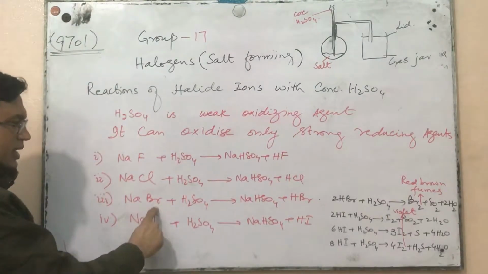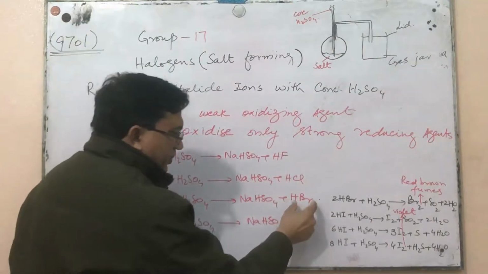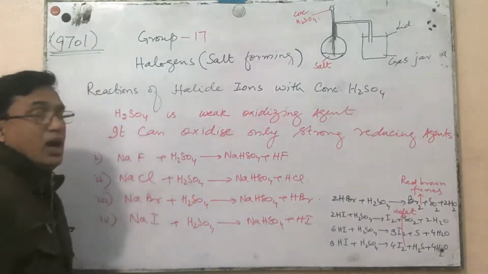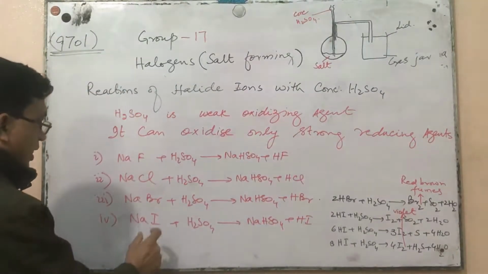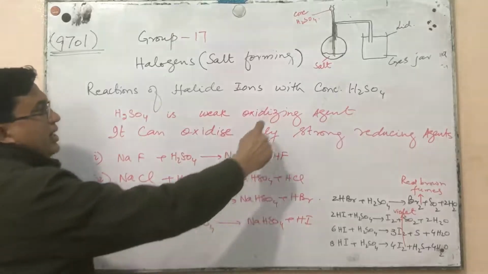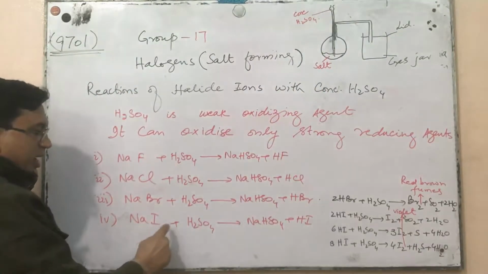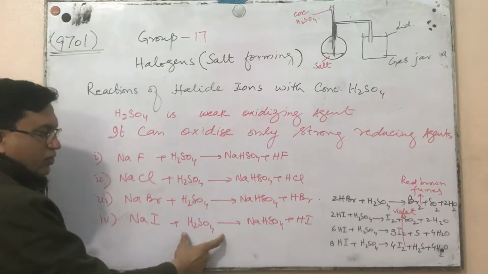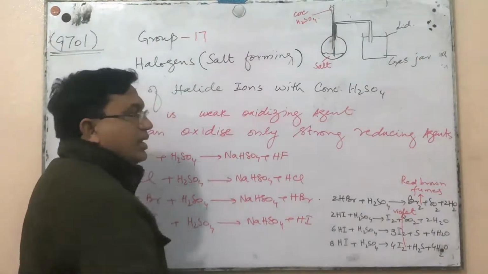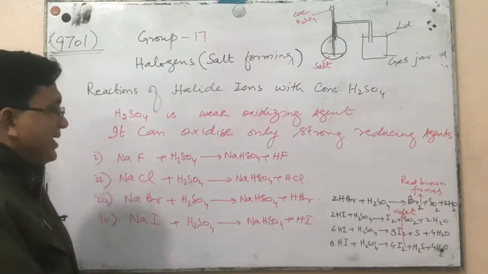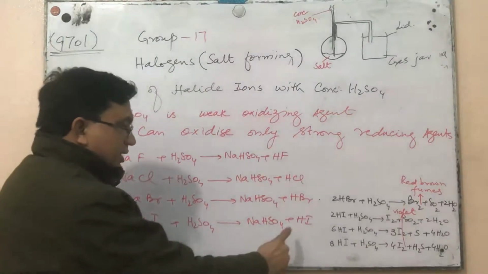If we take sodium bromide, we will get hydrobromic acid. And if we take sodium iodide in the round bottom flask and react it with concentrated sulfuric acid, we will get hydroiodic acid, HI.